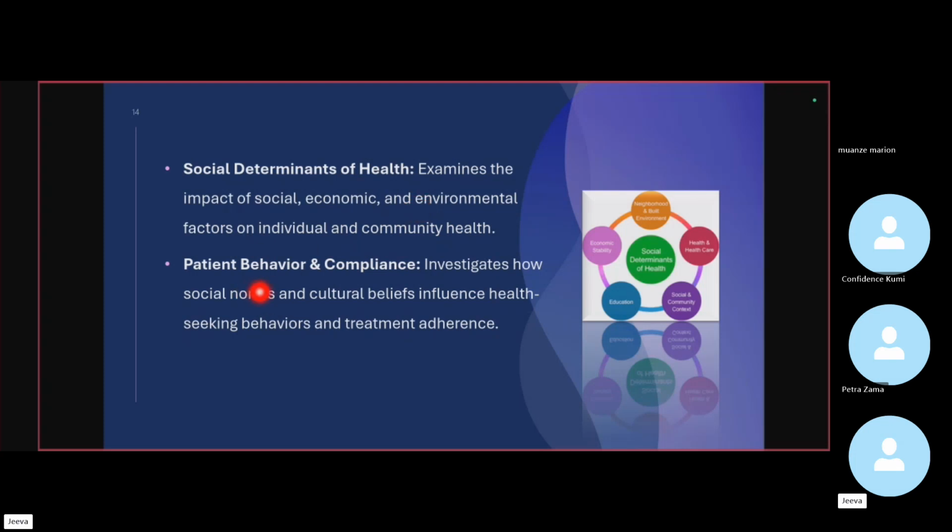The second thing is patient behavior and complaints. Medical sociology will investigate how social norms, meaning different social standards, and cultural beliefs influence health-seeking behavior and treatment adherence. There are people of different cultures: Hindus, Muslims, Christians, Buddhists, and there are different cultural beliefs for everyone.